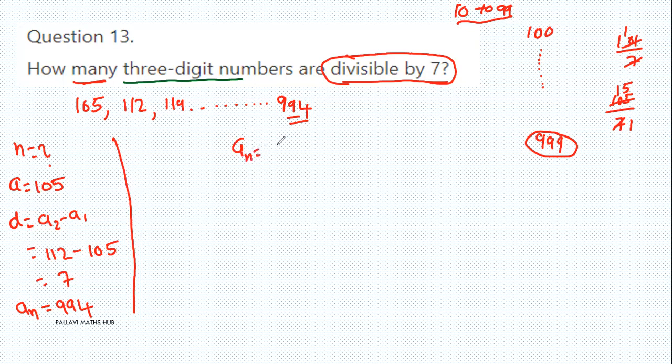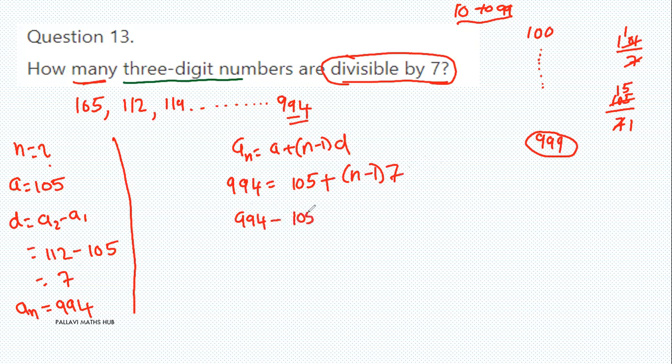Next, AN is equals to A plus N minus 1 into D. The value of AN is 994, is equals to the value of A is 105 plus N is question mark, N minus 1 into the value of D. D is common difference 7. So your 994 minus 105 is equals to N minus 1 into 7.